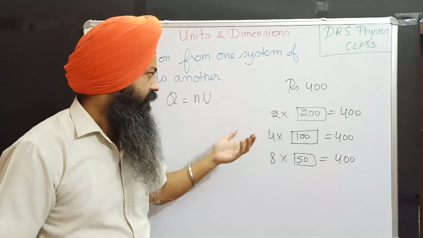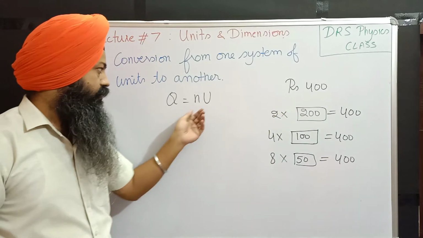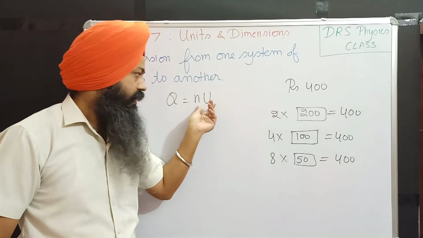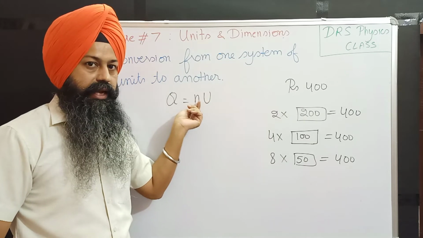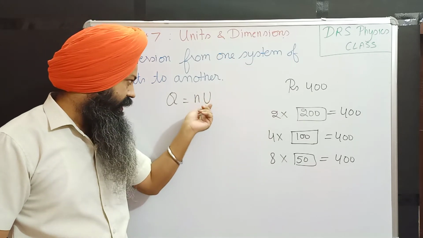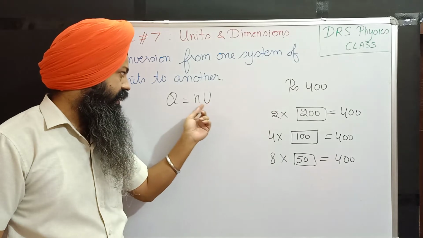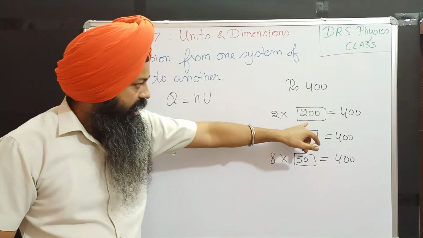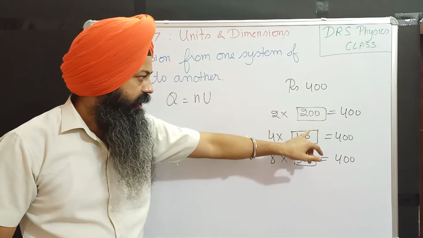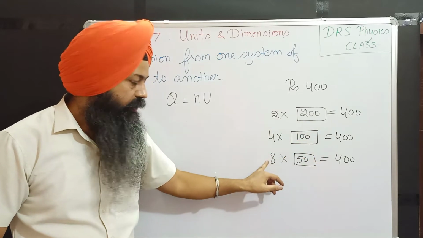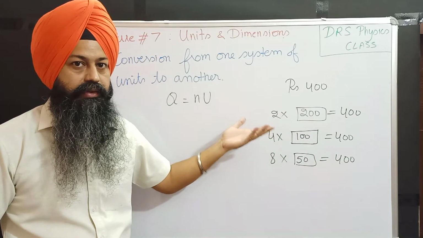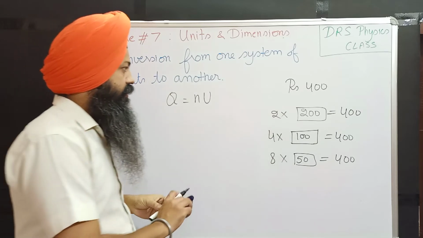The same holds here. If we convert from a unit which has a higher value, the numerical value will be lesser, and vice versa. If one increases, the other decreases. As the amount of the note decreases, the number of notes increases. The same principle is working here.